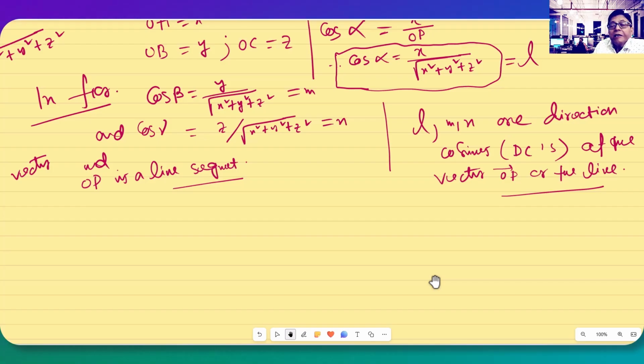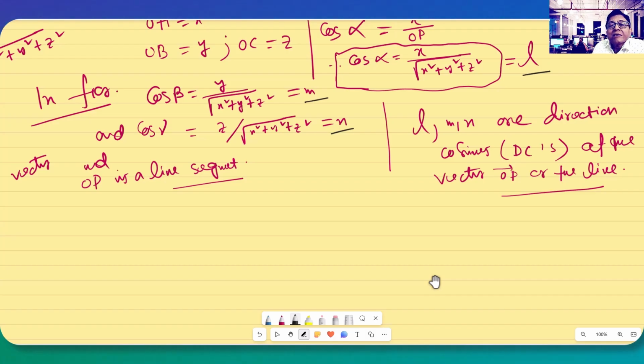Now, we have defined L equal to cos alpha, M equal to cos beta, N equal to cos gamma, the direction cosines. That is obvious because cosine alpha, cosine beta, cosine gamma, that we have understood. Now, there is a very good relation among these three quantities. Once you find that relation, only two of them will be enough to get the third one.